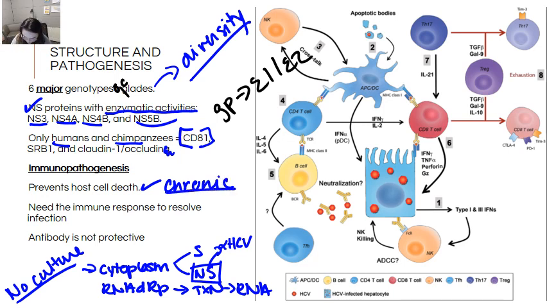So this is just some virions hanging out, no problems here, nothing to see here. And in that case, you're not necessarily going to see any symptoms for a long time until you actually see damage. The virus is able to inhibit apoptosis.